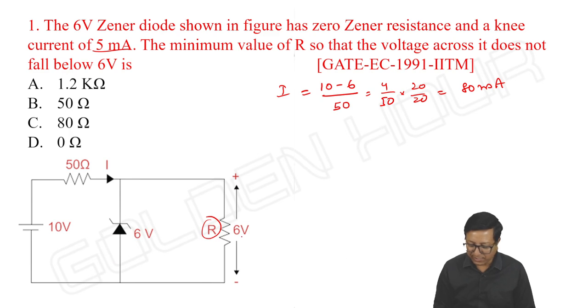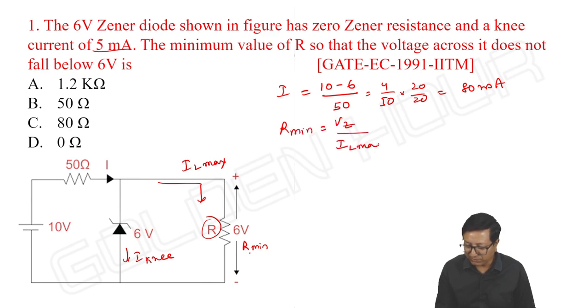And here R should be equal to R minimum. R minimum means current through the Zener diode should be knee current only, and the current through the load resistor is maximum. Is it not so? So R minimum is equal to VZ by IL maximum, which is VZ by I minus the knee current.